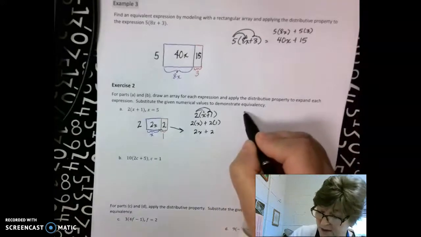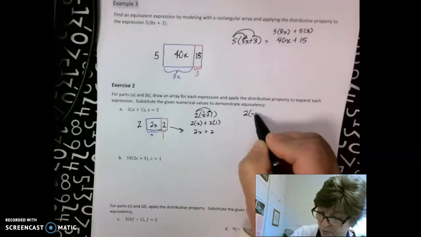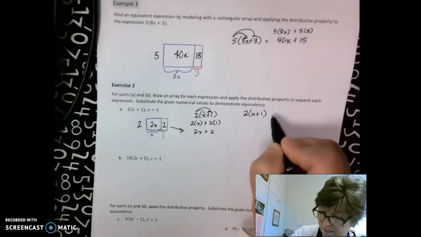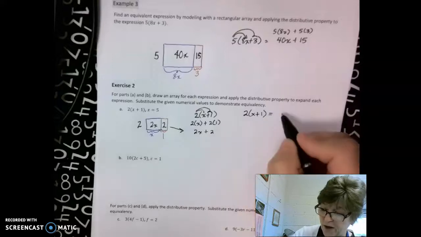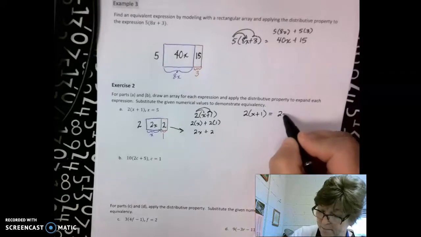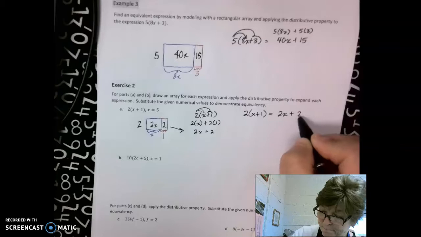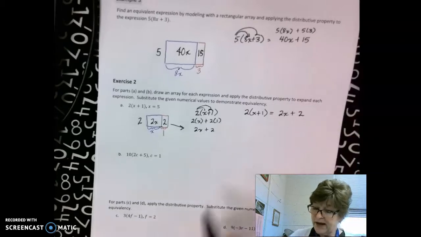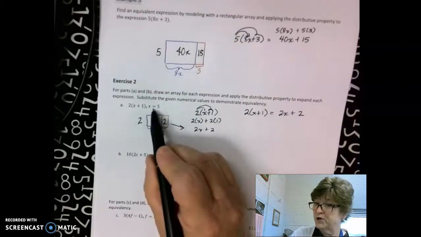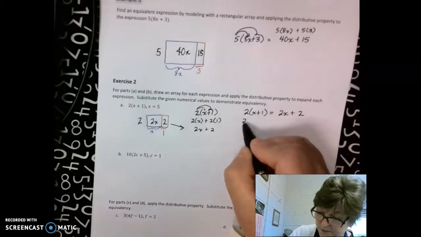So I'm going to rewrite this equation. The product and the sum. And now I'm going to substitute 5 in for x.